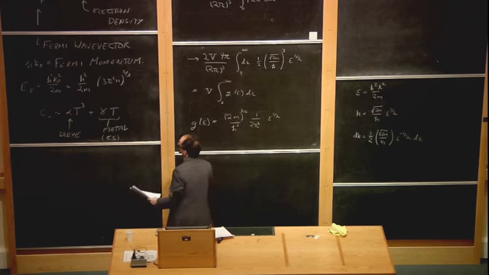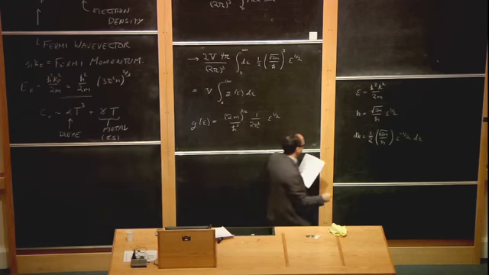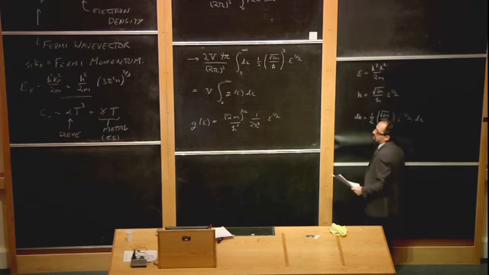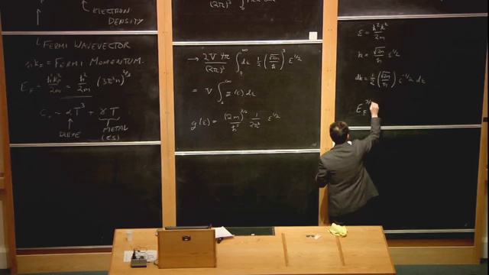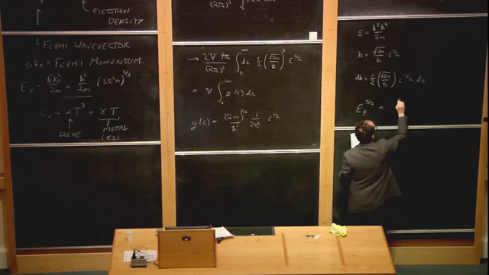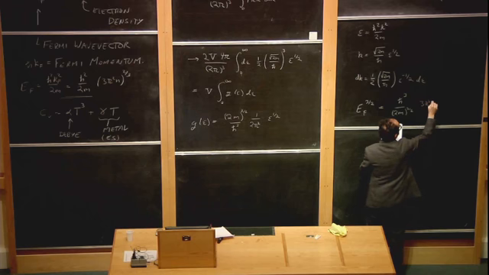And the way we do that is by using this equation here. I'll write it over here. If I take that equation to the 3/2 power, I get EF to the 3/2 equals h bar cubed over 2m to the 3/2 times 3 pi squared n.